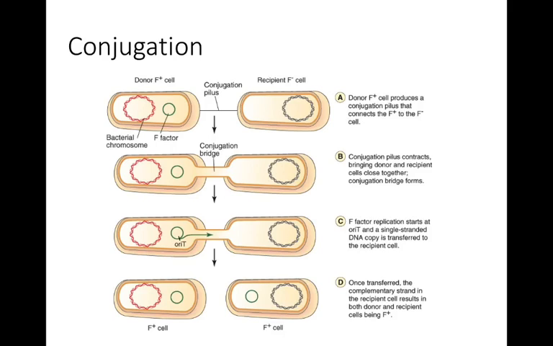So for example, out of the terms requires homology, inheritance of new genes, genes shared across species, ATP dependent, which of those could be terms that apply to all three forms of horizontal gene transfer? Genes shared across species, absolutely.